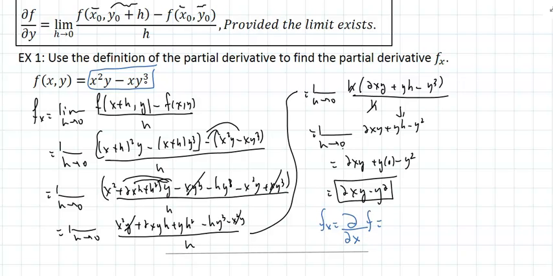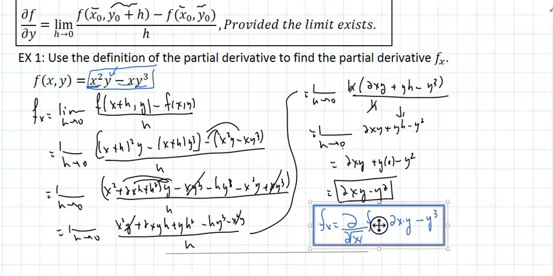You treat anything that's not an x as a constant. If this y was a constant, let's say that was a 5, wouldn't you bring the power down, subtract 1 from the power, and drag that with you? And if I'm looking at negative x times 5 cubed, and I say take a derivative, isn't that just negative 5 cubed? So this part is very simple.